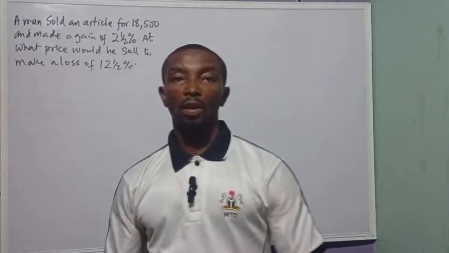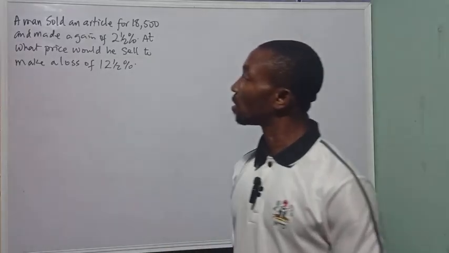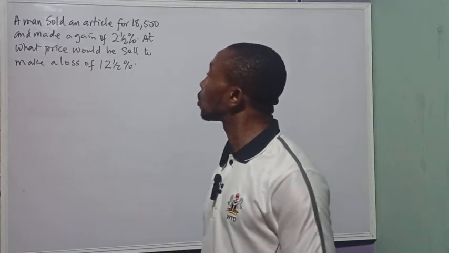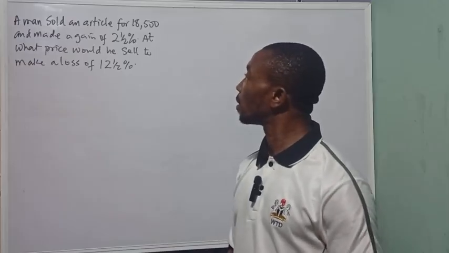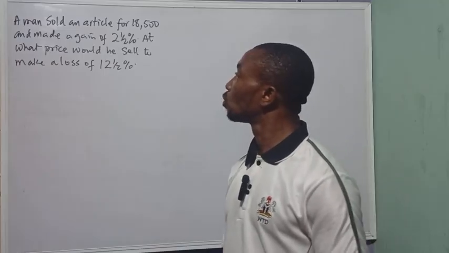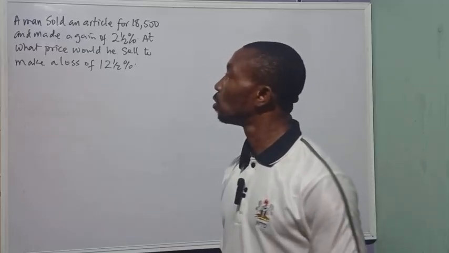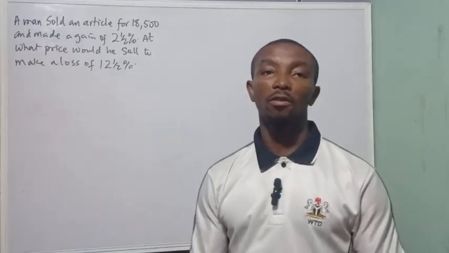Okay guys, our next question is on profit and loss. It says, a man sold an article for 18,500 and made a gain of 2.5%. At what price would he sell to make a loss of 12.5%?